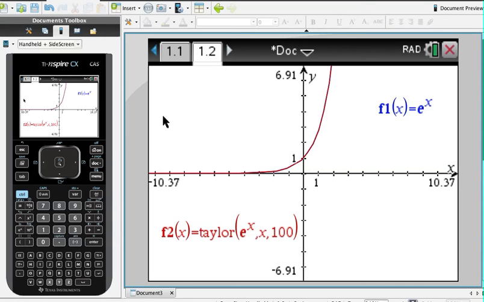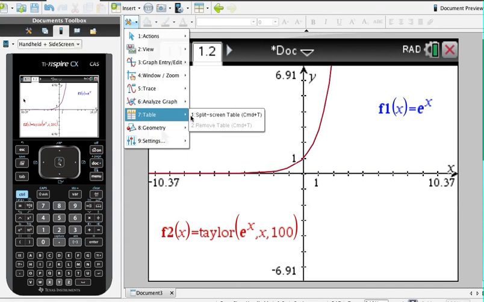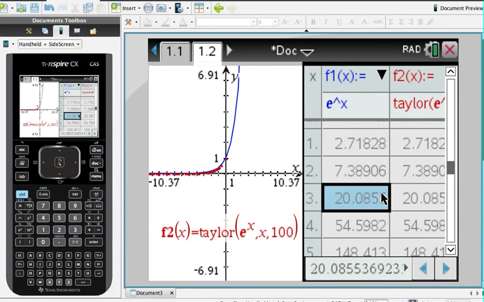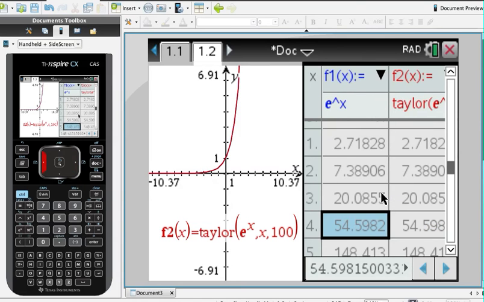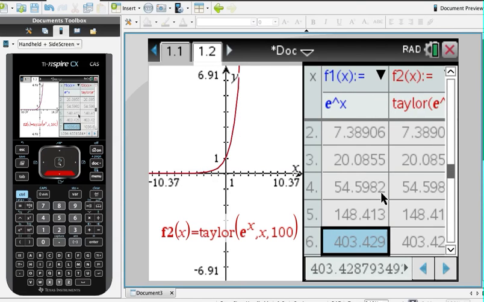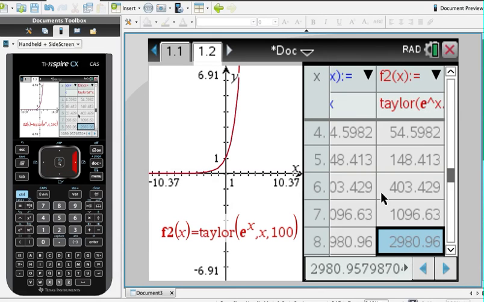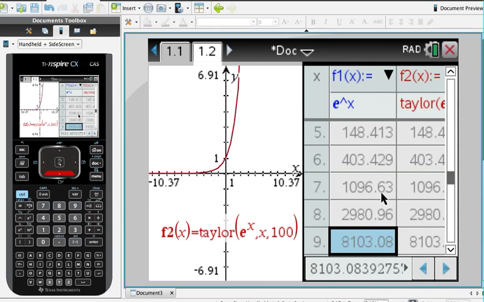Very nice. If we look at the table values of the two functions, f1 and f2, we should see that we really have perfect matches. And only when we select large x values, we should see slight differences.